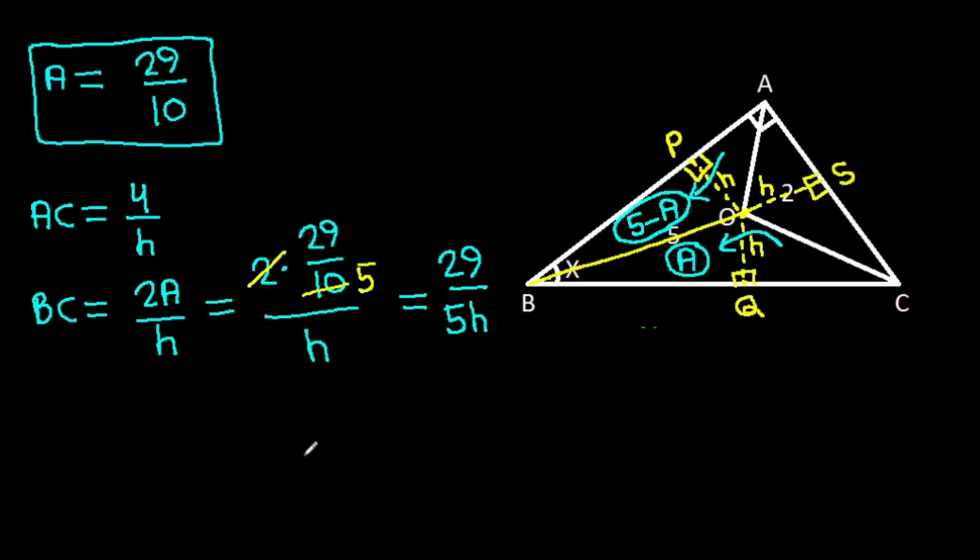And now sin x will be the perpendicular, that is AC, over the hypotenuse, that is BC.